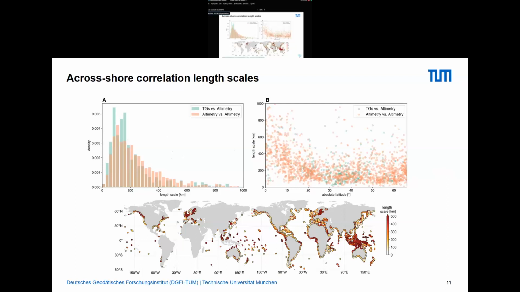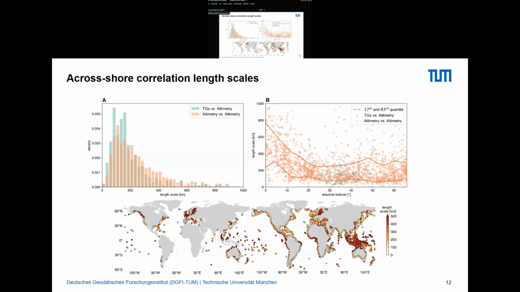You see in the upper right plot that there's a dependency on latitude, but with a very high local and regional variability. That can also be visualized when we look at the plus minus 1 standard deviation margins.